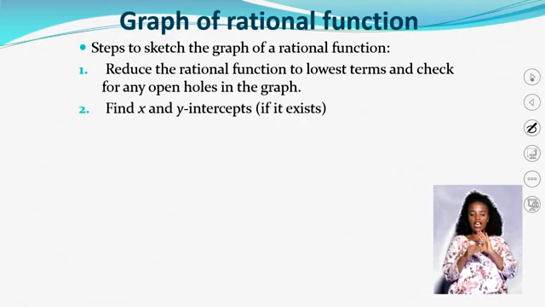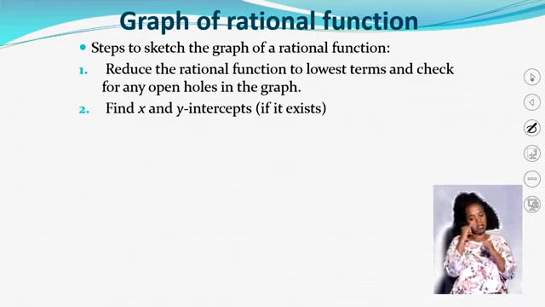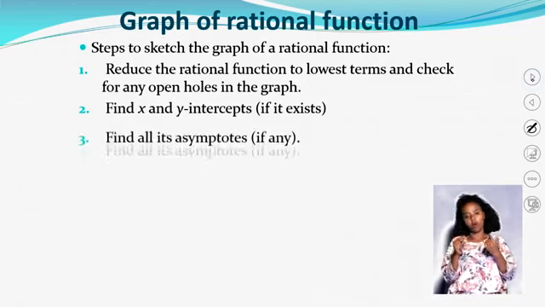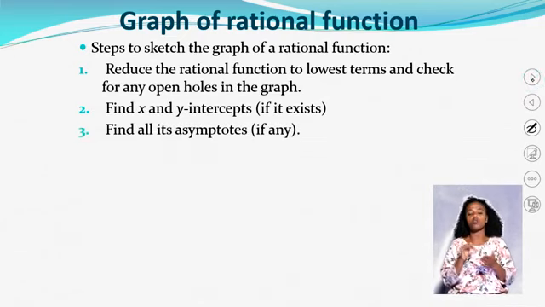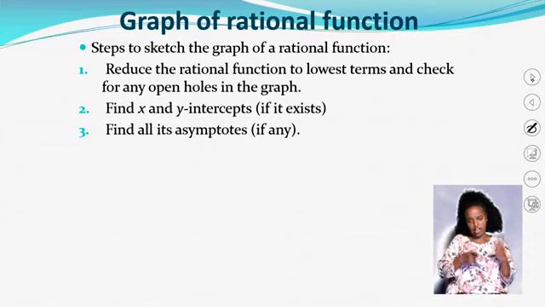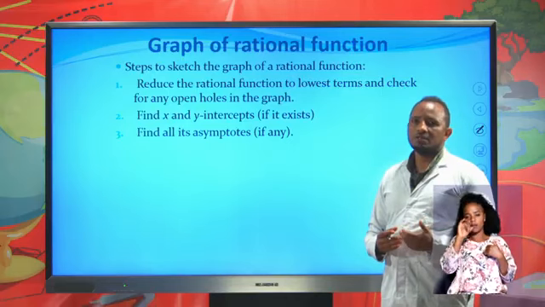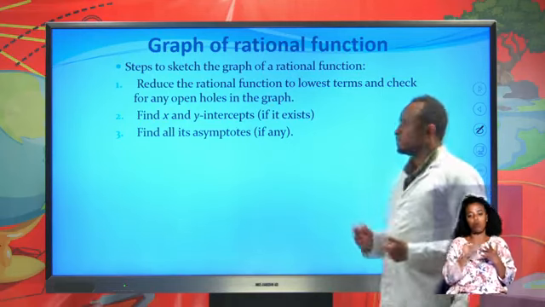Then find the x and y intercepts if they exist. It may or may not have them. Then find all its asymptotes, if any. It may have horizontal, vertical, or vertical and oblique, and so on.